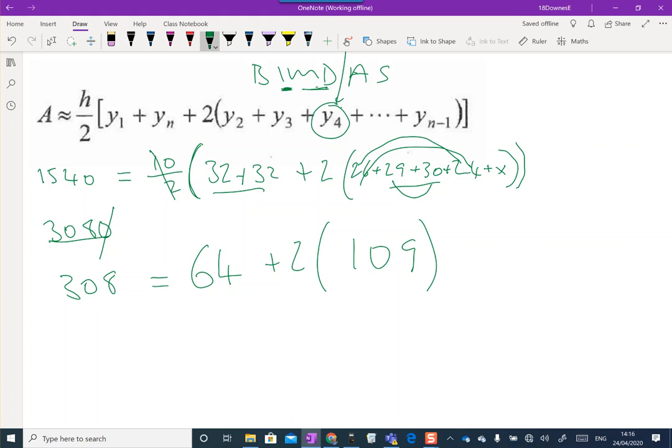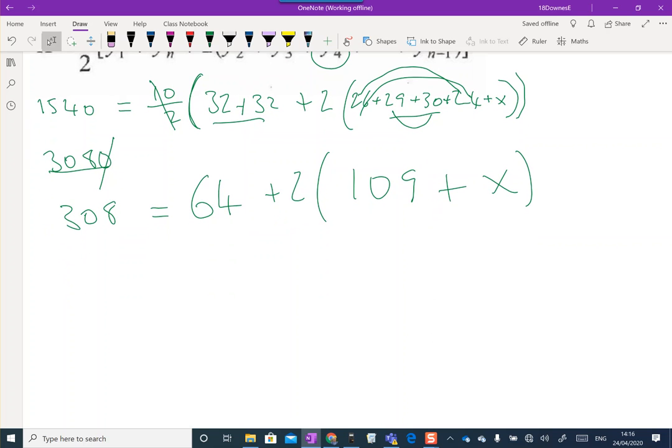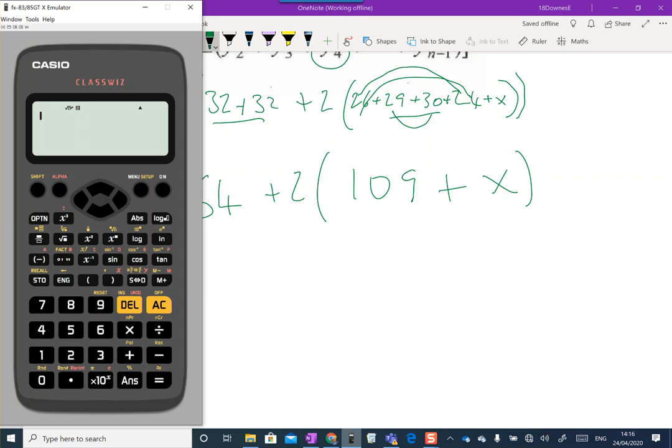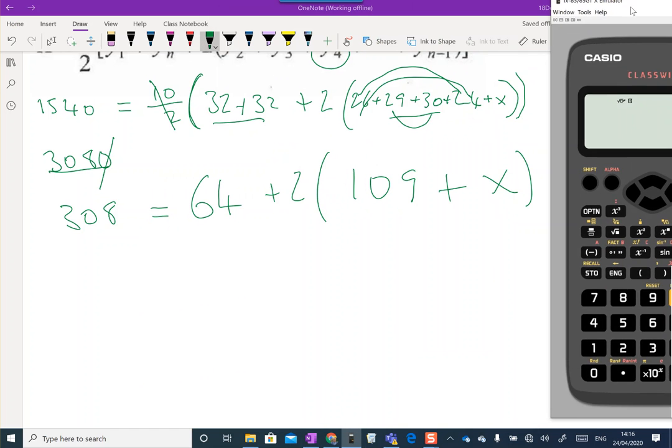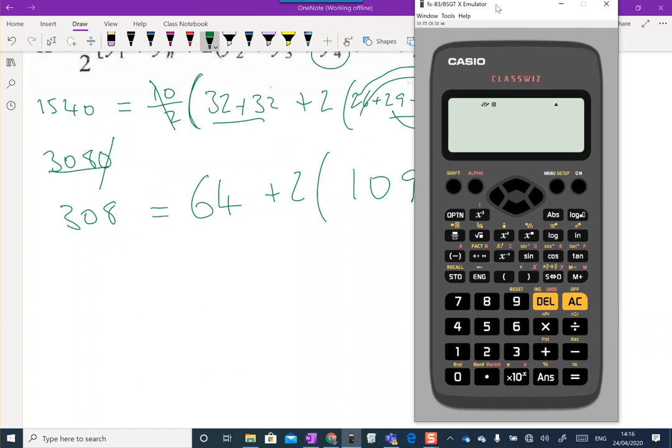Otherwise, I have to go to the tables, and then I have to be very, very careful here. So I have to be honest and say there's an x still lingering inside the bracket there. Okay, now again, BIMDAS would suggest that I subtract 64 next. Often I say please wait until the end before you use your calculator, but in this case it's hard to justify that.